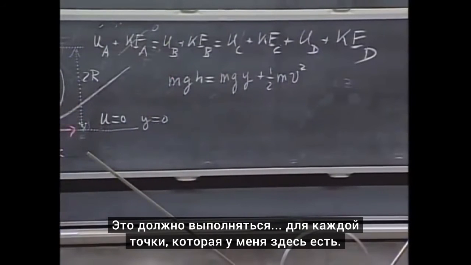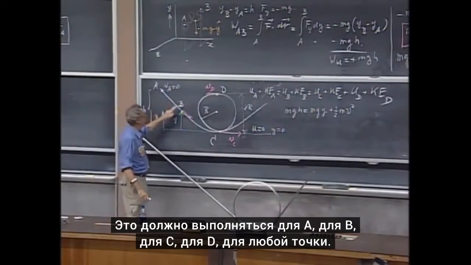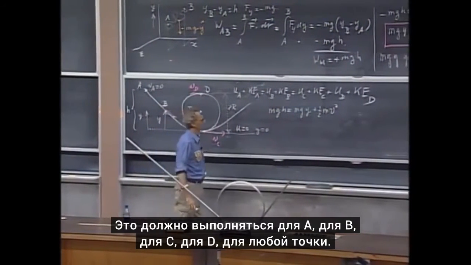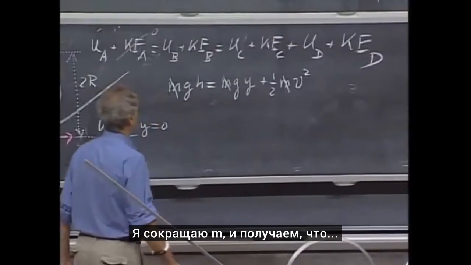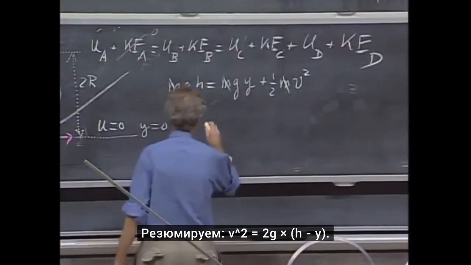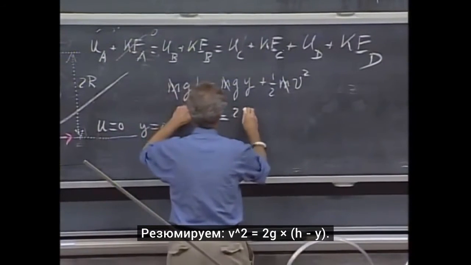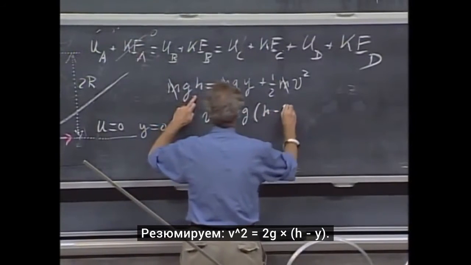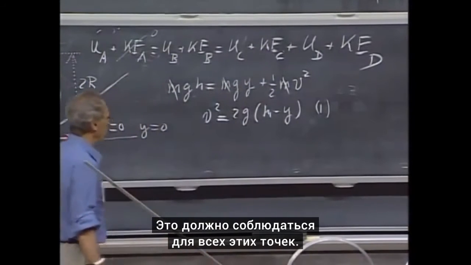This should hold for every point I have here: for A, for B, for C, for D, for any point. I lose my m. And so you find, let me summarize it, that v squared equals 2g times (h minus y). So this should hold for all these points.